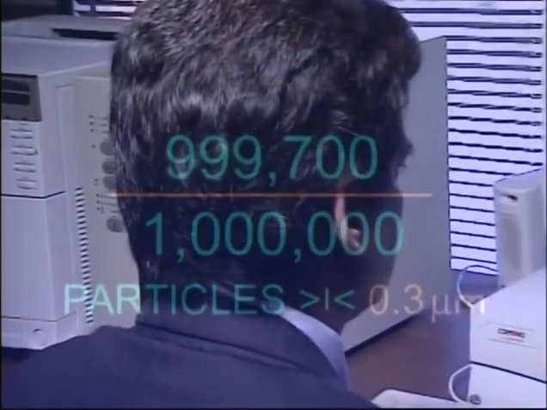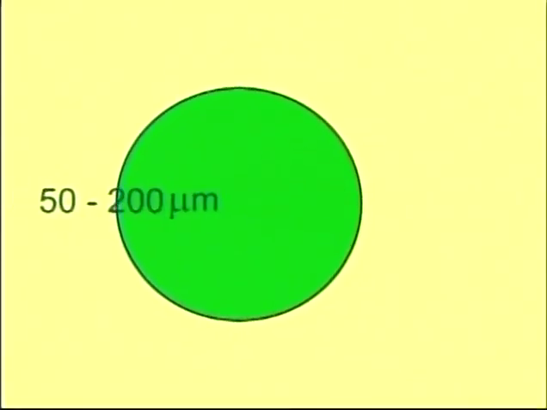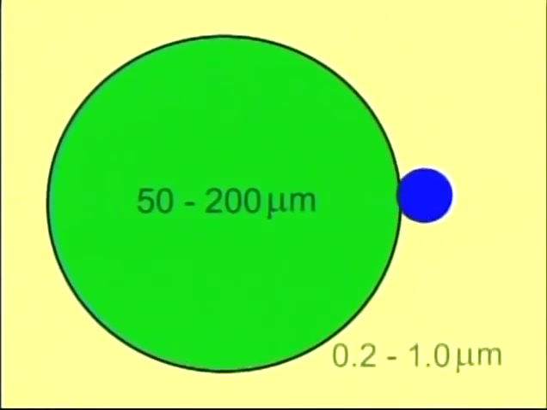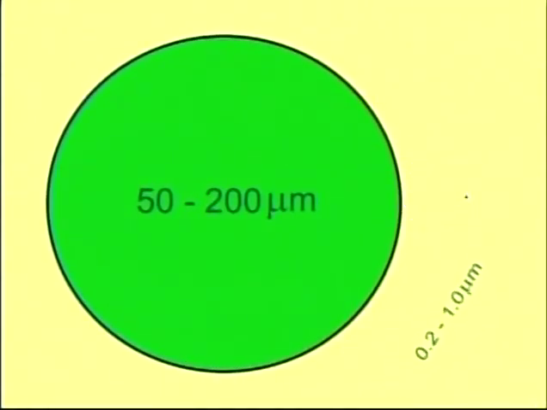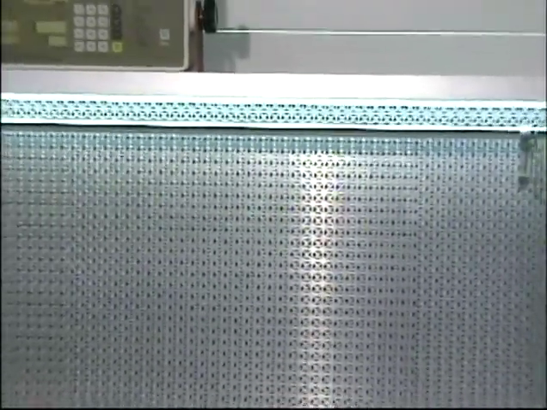To put this into perspective, a human hair is 50 to 200 microns in diameter. Microbes and other fine atmospheric contaminants are 0.2 to 1 micron in diameter. The HEPA filter therefore produces exceptionally clean air within the critical work zone of the laminar flow device.